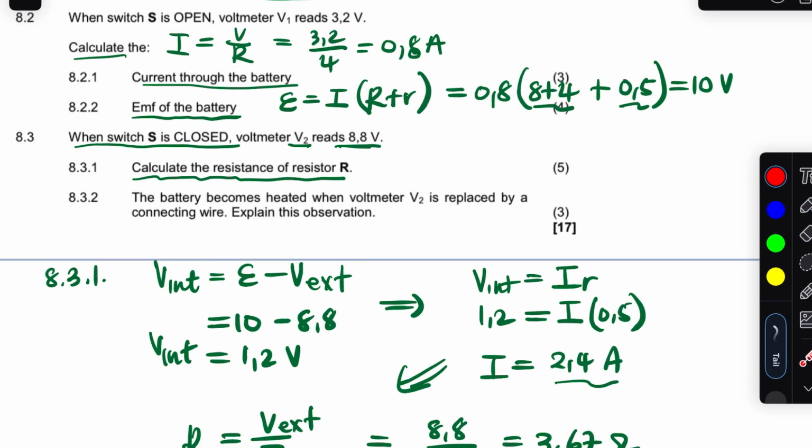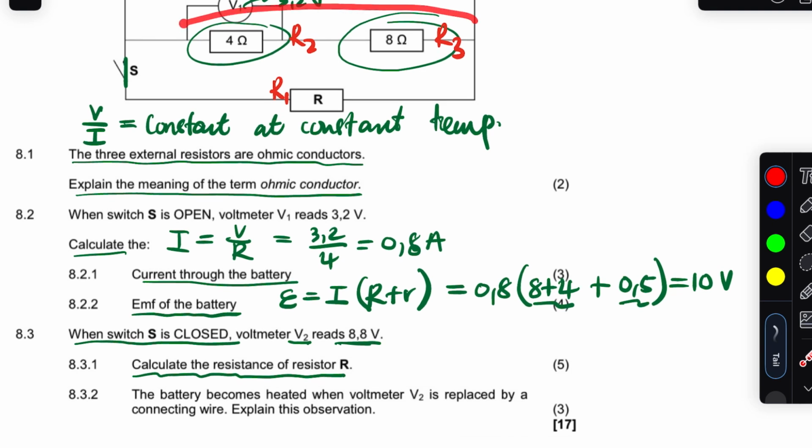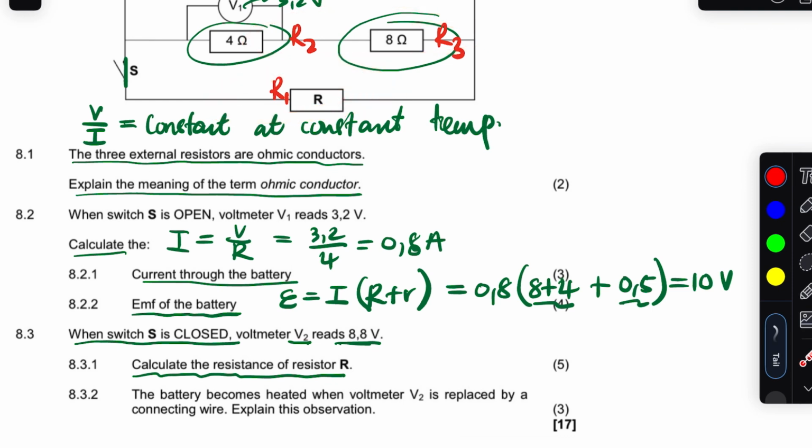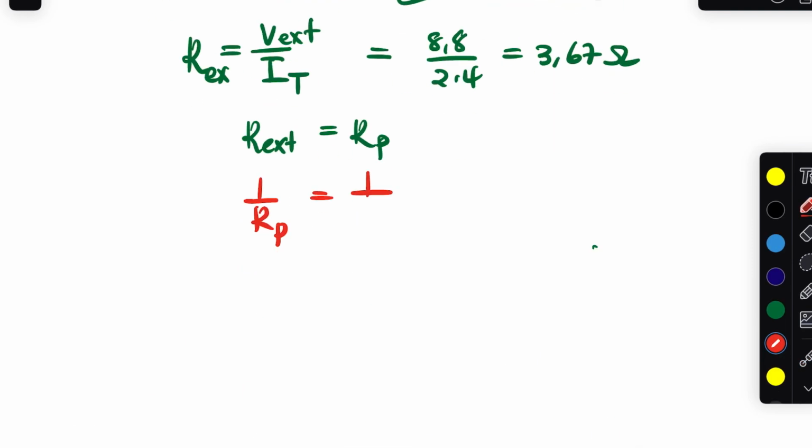Remember, these two are in series, and that is in parallel with this one. So I'll add 2 and 3 together and make them parallel to this one. It's 2 and 3, so I'll have R1 plus R2 plus R3.